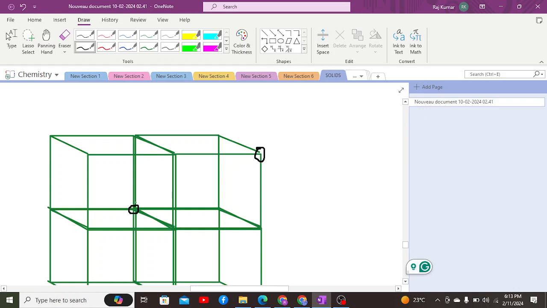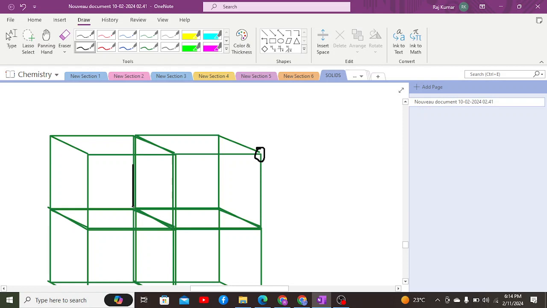And at the same moment, when there are 8 chloride ions, the number of cells which are sharing this one chloride ion at their corners is around 8. Now you'd be asking how. See, as you can, now this is one cubic cell. It is having one of its corners here.